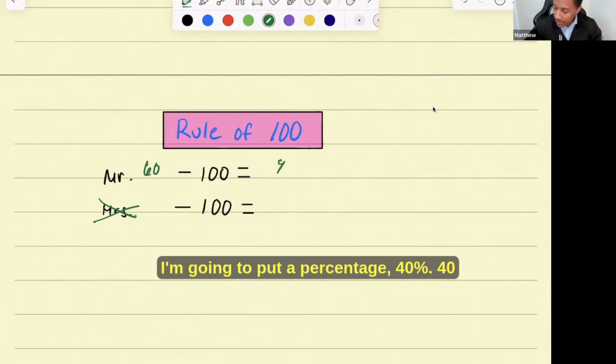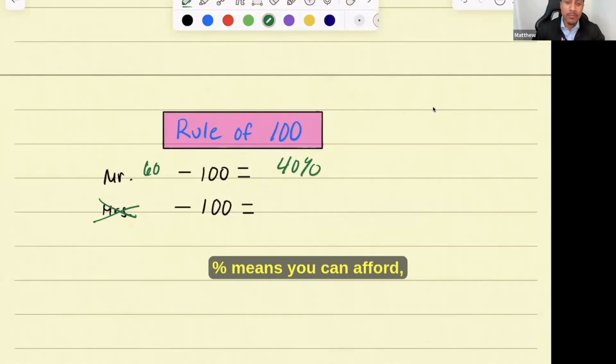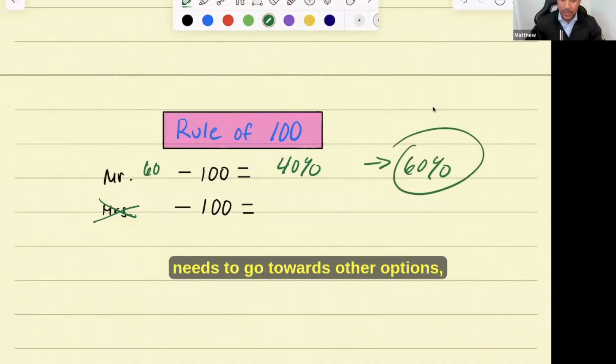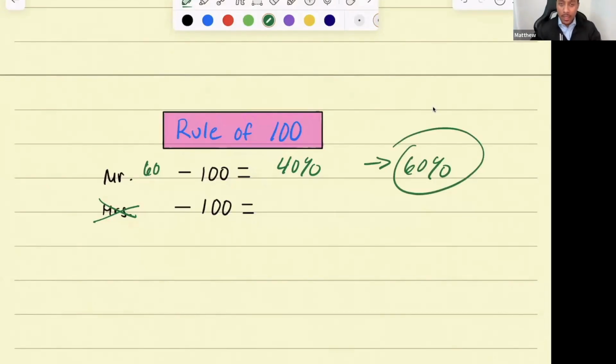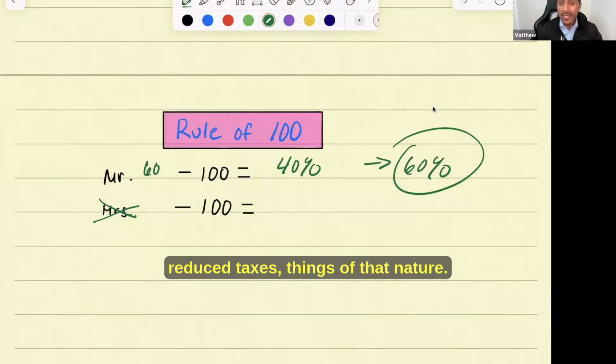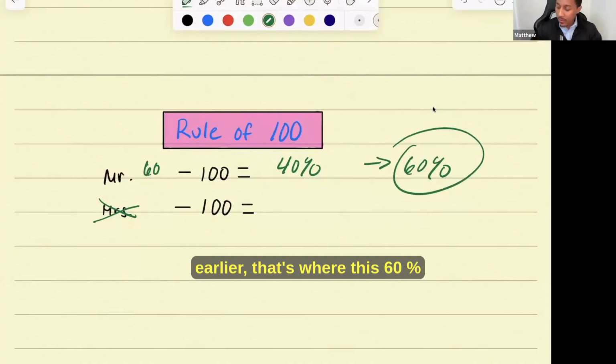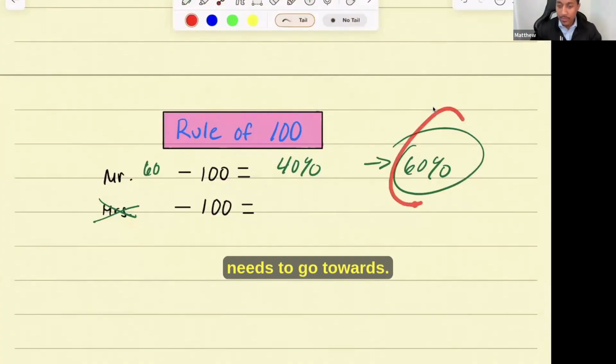I'm going to put a percentage, 40%. 40% means you can afford to lose 40% of your money in the stock market. The other 60% needs to go towards other options: guarantees, safety, certainty, income, reduced taxes, things of that nature. So remember the order of importance that we talked about earlier? That's where this 60% needs to go.